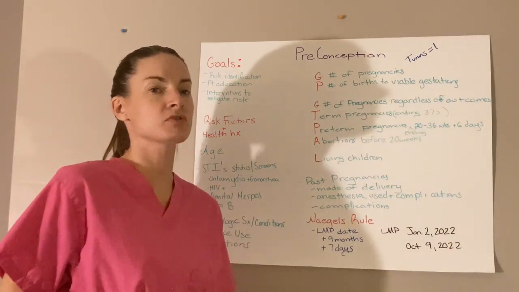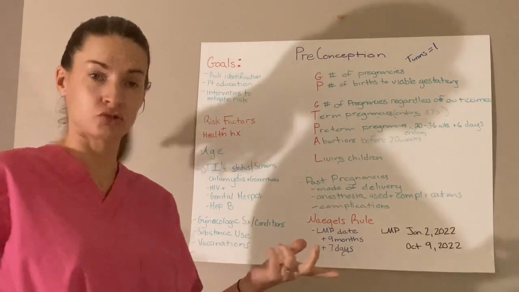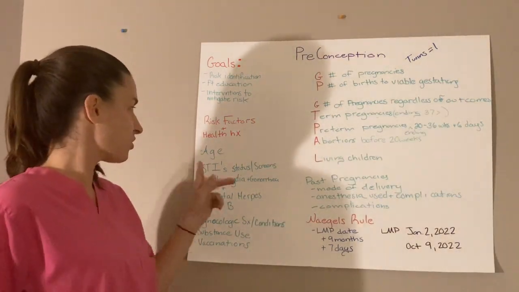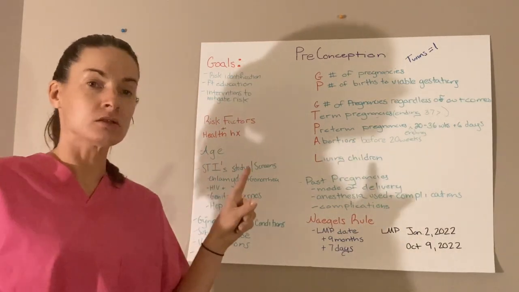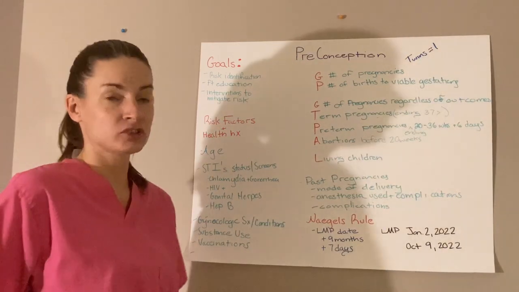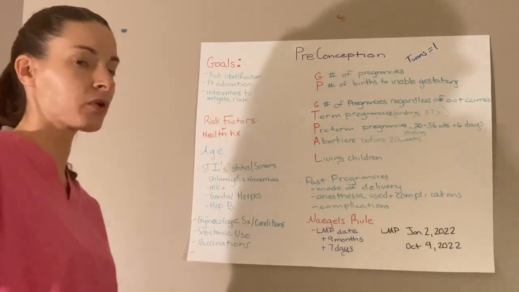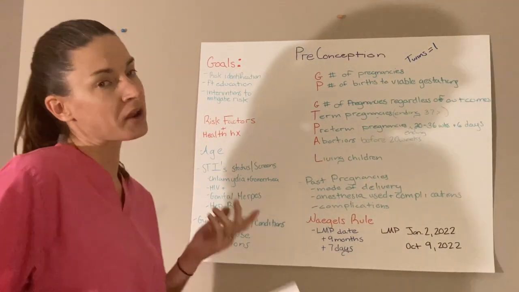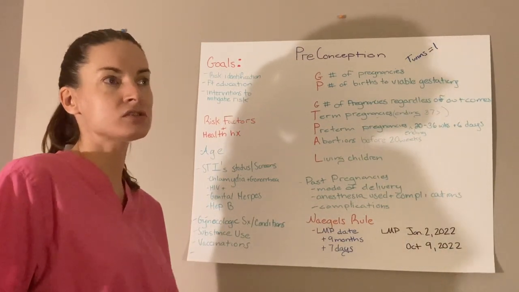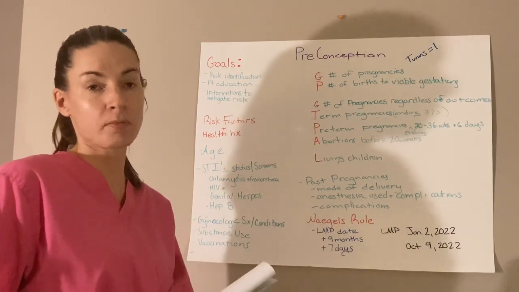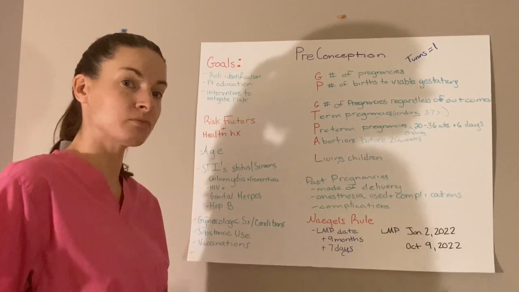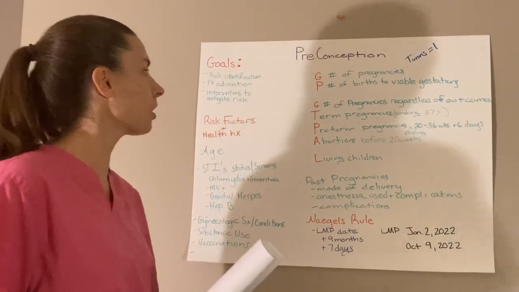So we want to look at risk factors and health history. The first and most obvious risk factor would be age. If your patient is over 34 and she's trying to get pregnant, she should be aware that there's more of a risk of complications for the baby, due to her eggs not being as high quality.